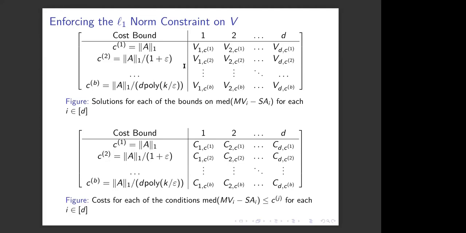In expectation, the norm is poly k, and in expectation, the median-based cost is 1 plus epsilon times the optimal plus some additive error. And by Markov's inequality, this holds with probability epsilon, and then we can sample multiple times to boost this to constant probability.